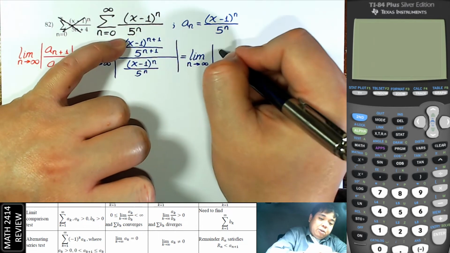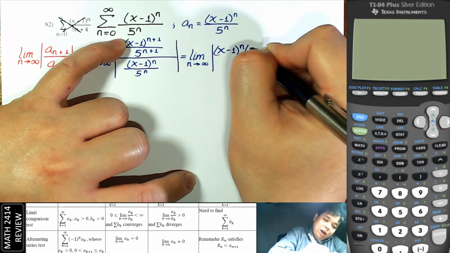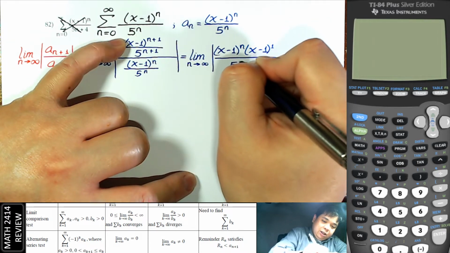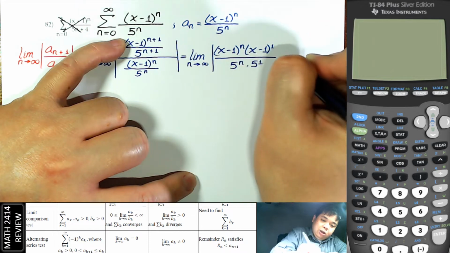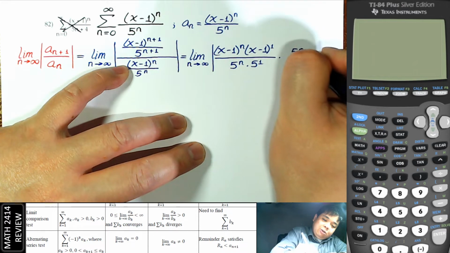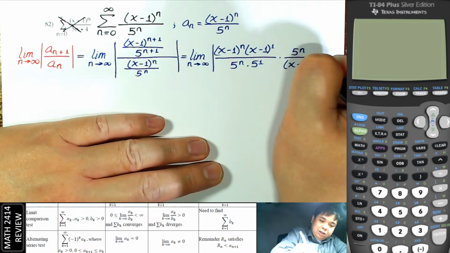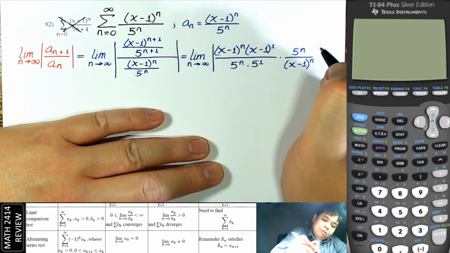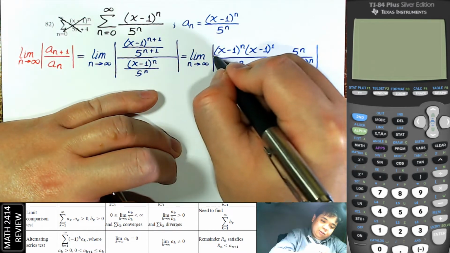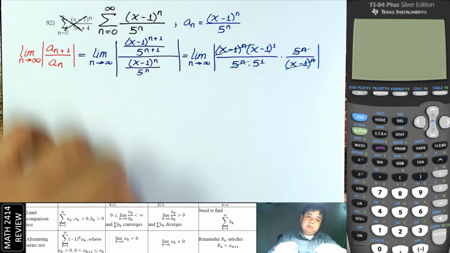So I have x minus 1 to the n plus 1 is x minus 1 to the n times x minus 1 to the first. Divide by 5 to the n, 5 to the first. Multiply by the reciprocal, 5 to the n, x minus 1 to the n. And cancel this out as well. So we just have x minus 1 over 5.